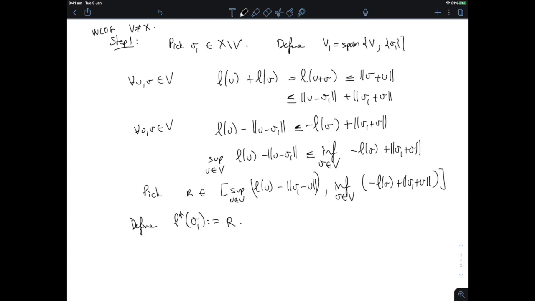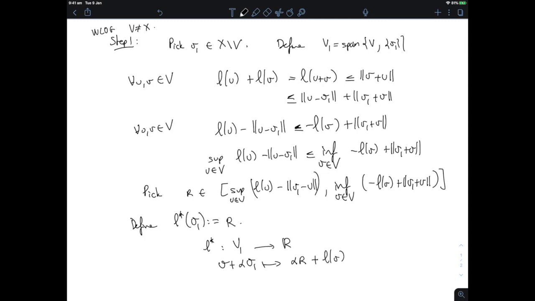Okay, so I define L star of little v1 in that way, and then I have an obvious definition for L star on capital V1, and that is the following. Any element of capital V1, of course, is an element in V plus some multiple of v1, and so I'm going to send that to alpha times r plus L of v.